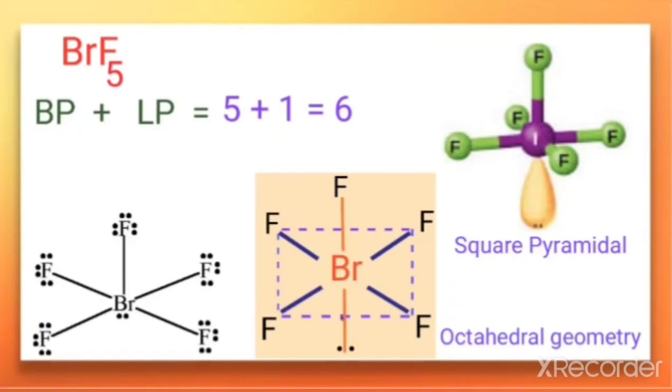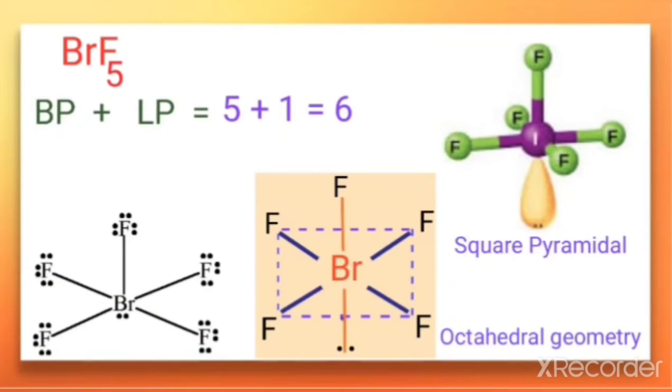Br has 7 electrons, and 1 electron is shared with each fluorine. Out of 7, 5 electrons it shares with the 5 fluorine.